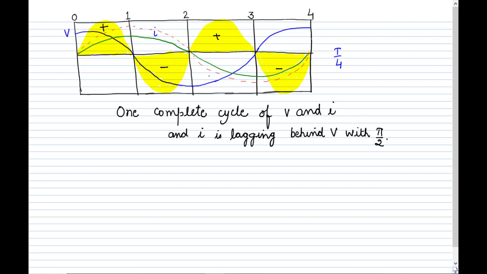This is how we can show the flux, the voltage and the current, and this is how we can easily represent it.